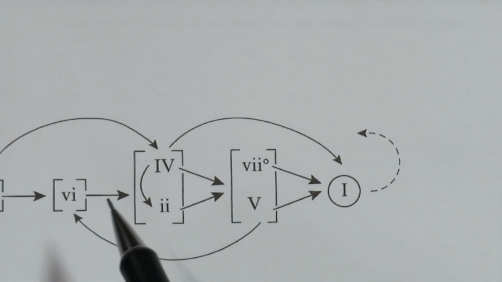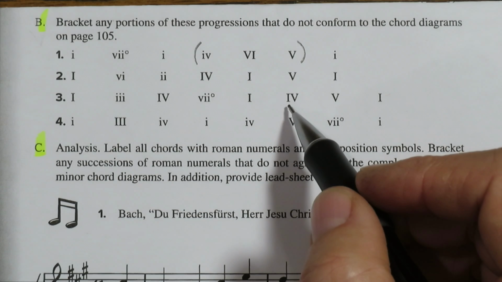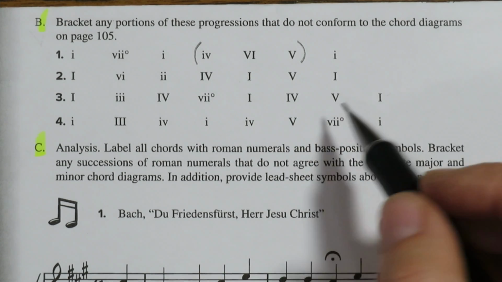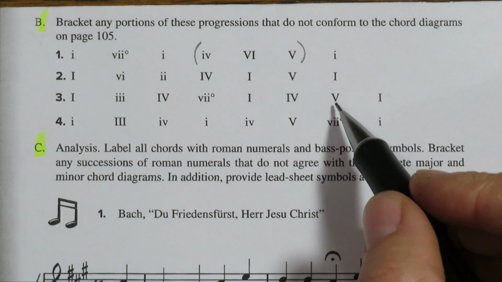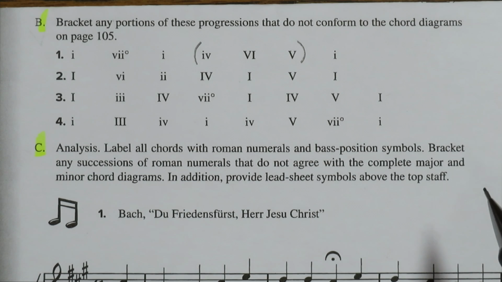Yes. All right, 4 to the 7. So far so good. 7 goes to 1. Yes. 1 can move to any chord. 1, 4, 5. Very common progression. 5 to 1. I don't see any problems with this one. Okay. So we're done with this section, and I'll see you in part C.